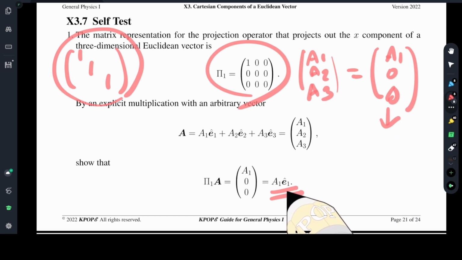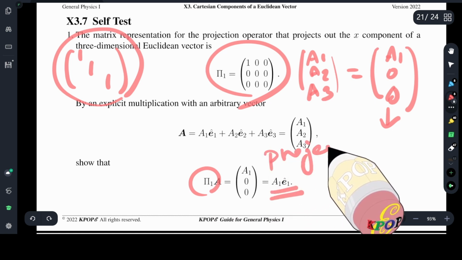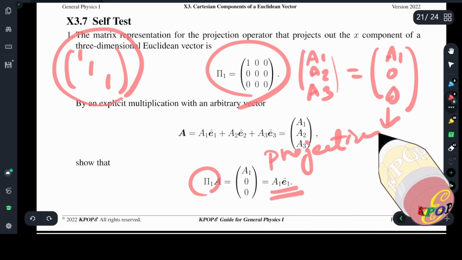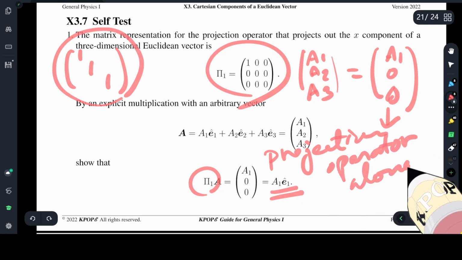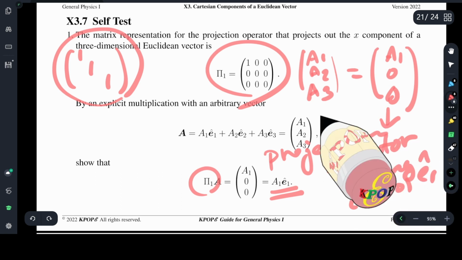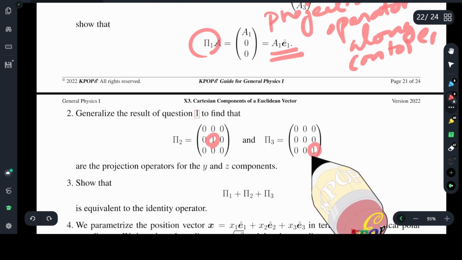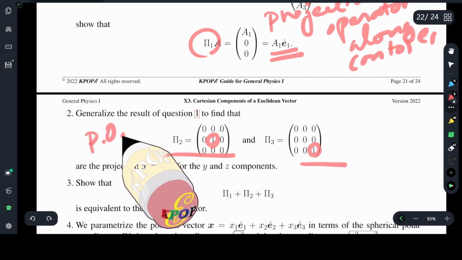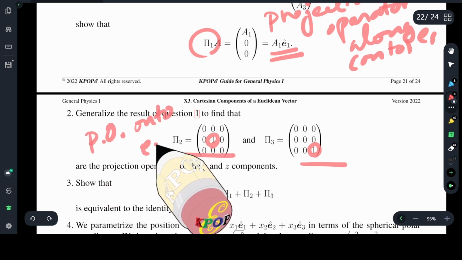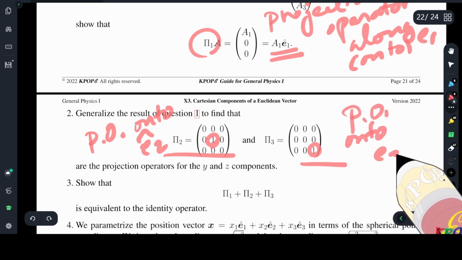This is the reason why this is called the projection operator along or onto E1. In a similar manner, the middle and the last elements give the projection operator onto E2 and the projection operator onto E3.